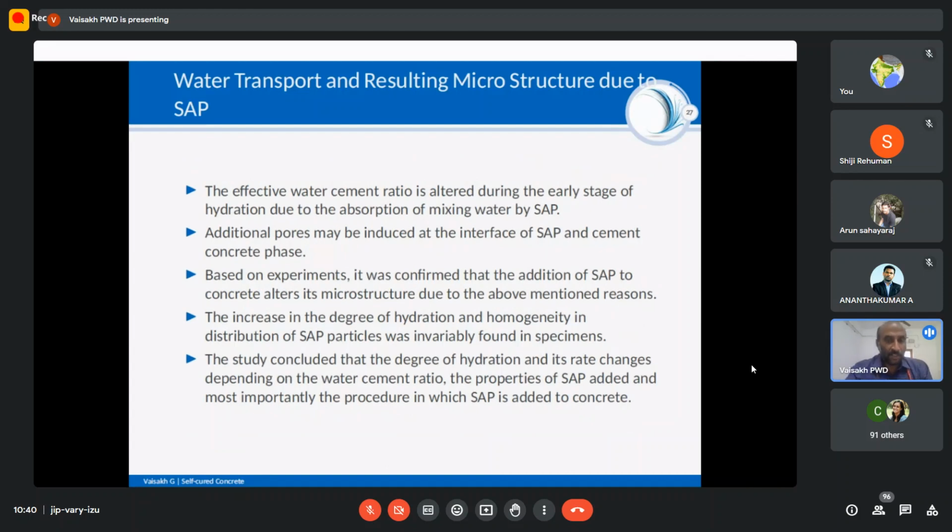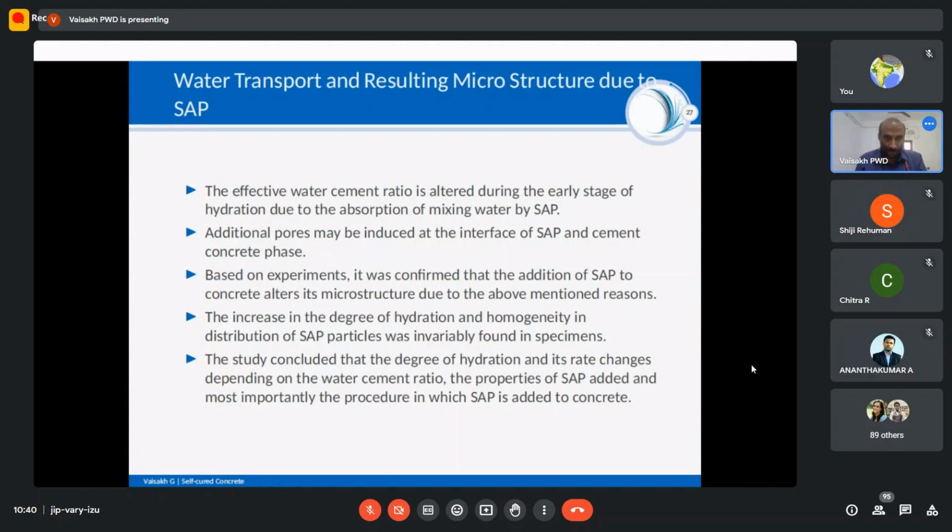The effective water cement ratio is altered at an early stage of hydration due to absorption of mixing water by sap, and additional pores may be induced at the interface of sap and cement concrete phase. Many experiments have been conducted by various researchers, and it was confirmed that concrete microstructure can be altered by the addition of sap.